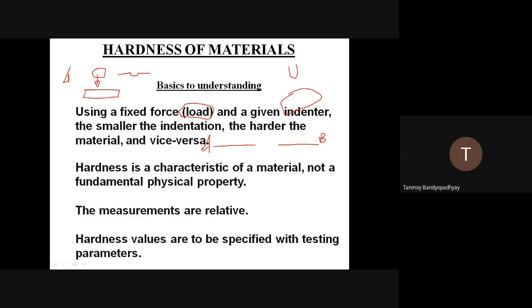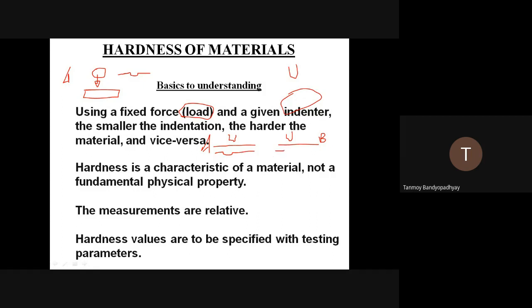Once I fix these two, suppose I am indenting using an indenter. Say this one is the indenter. Similarly, this one is the indenter. So I am indenting the surface of the specimen. If I apply the load using this indenter, the specimen will be deformed. There will be some amount of penetration on the surface.